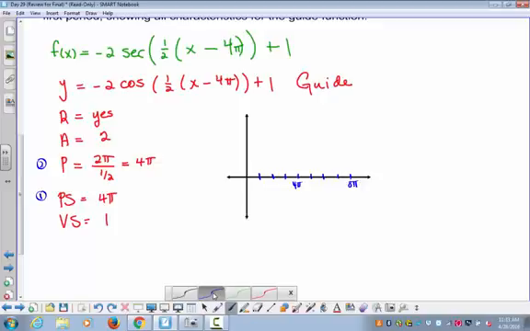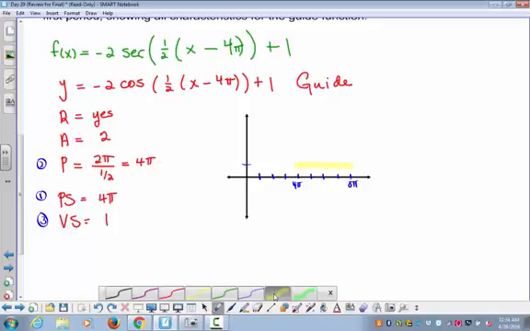Okay, so now we want to draw our center line. And for our center line, we need to know how far above or below the x-axis we go. And the vertical shift is 1. So the center line is going to be between 4 pi and 8 pi at 1 unit up. So that's our center line. The amplitude will tell us how far above and below that to go.